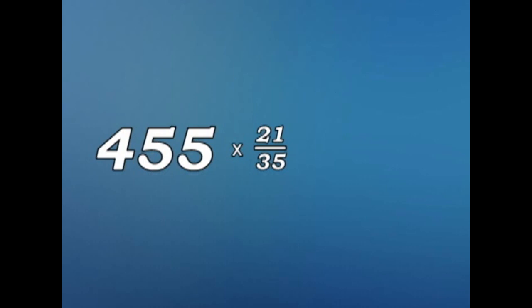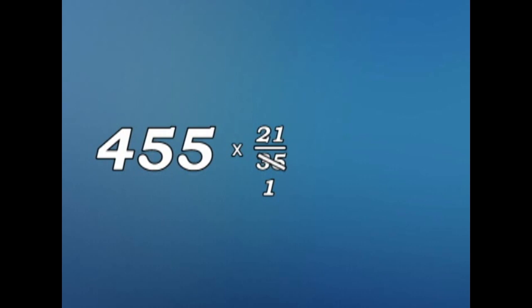This is one way. First of all, how many 35s go into 455? Well, 13. But probably you wouldn't think of that straight away. But if you did, this is how you'd do it. You'd cross out the 35 and write 1. And you'd find out how many 35s go into 455.